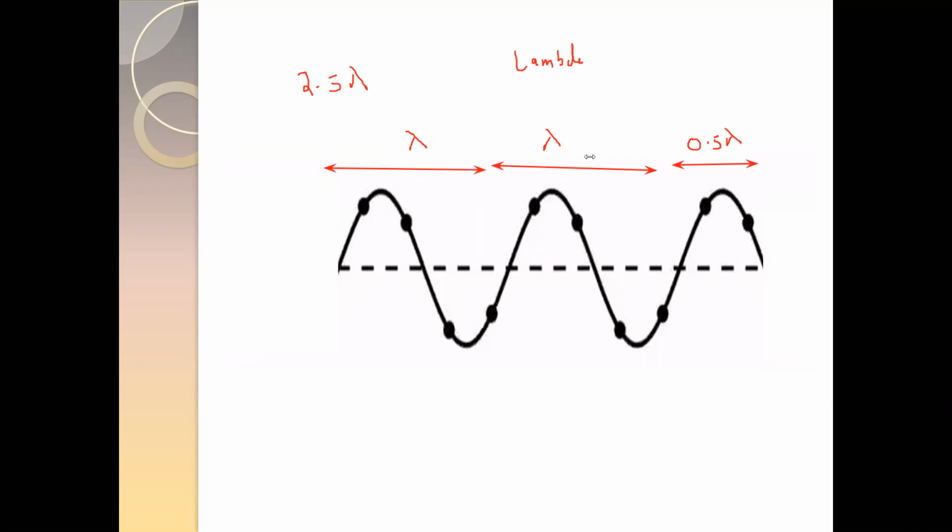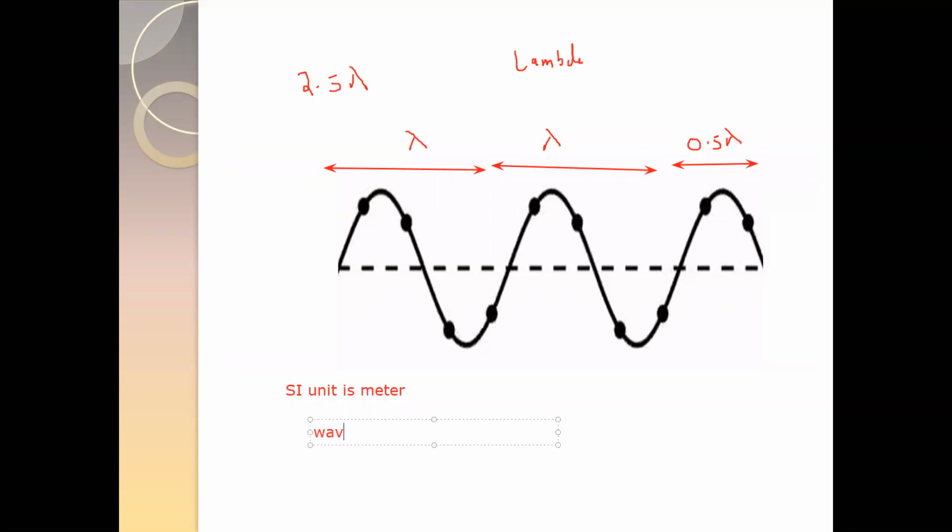Is it clear why it's 2.5? It's not completely 3, because if it was 3, then the last wave should be complete like this. Then it will make 3 wavelengths. But this is not 3. This is actually 2.5 wavelengths. And the SI unit of the wavelength is meter.